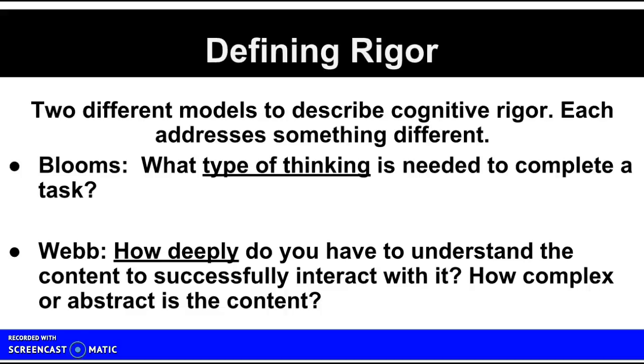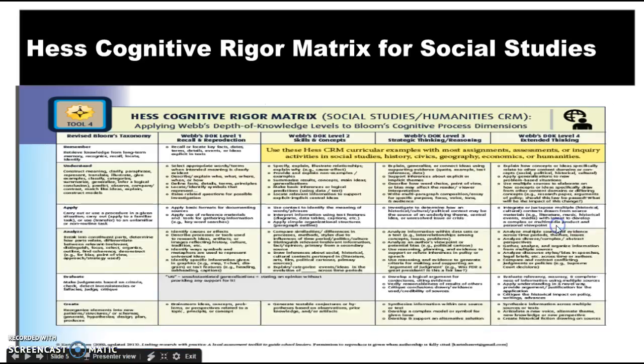And when we look at Webb's, it's how deeply are we considering or interacting with our text or whatever information we're giving our students. So again, looking at the cognitive rigor matrix, you've got your Bloom's taxonomy down the left-hand column, and then across the first row, you begin looking at your depth of knowledge and how deeply our students are looking at this material.